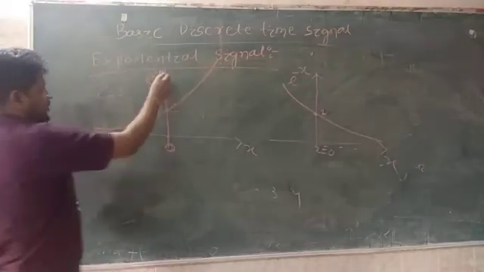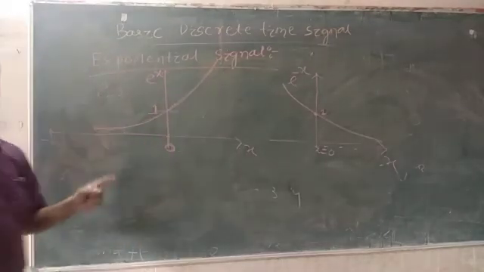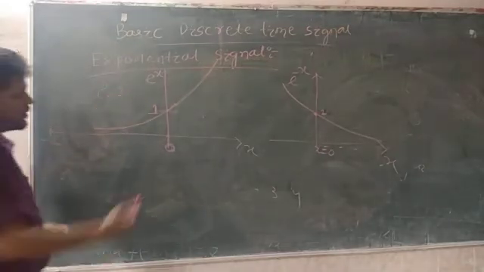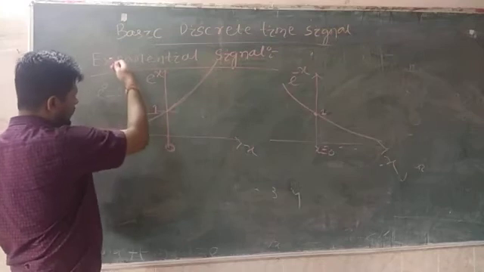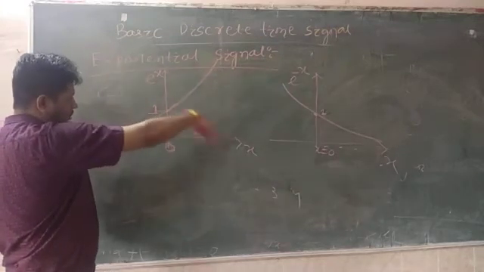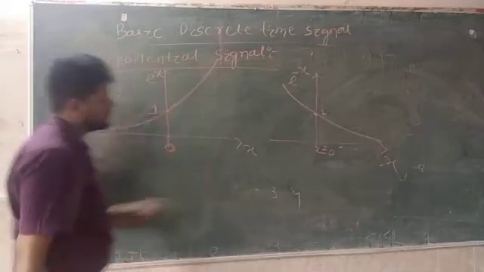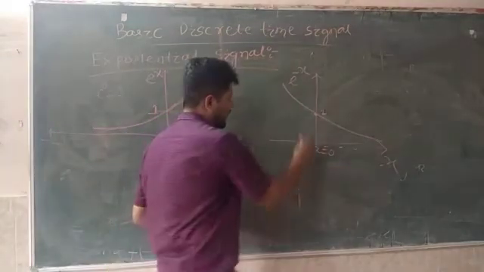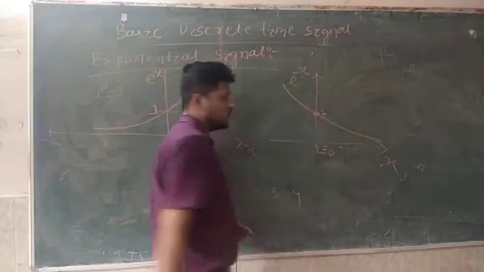Since y is equal to e to the power x, I am drawing like this. If I fold like this, from minus infinity to plus infinity this is decreasing, and again it will cross here at 1.